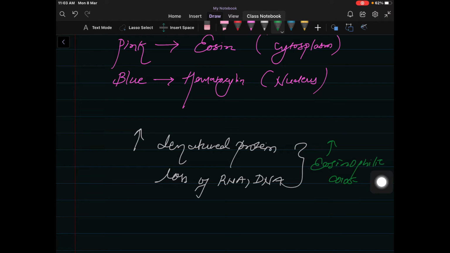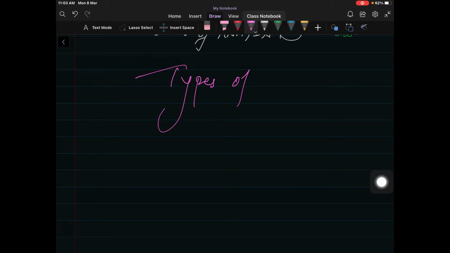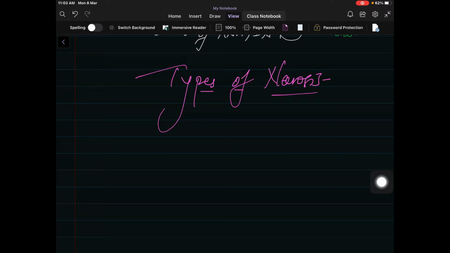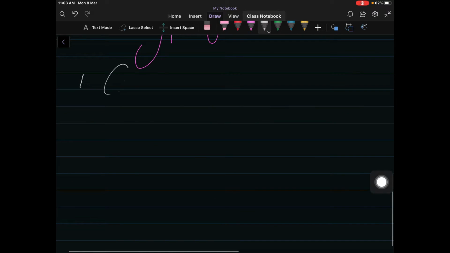So now let's move on to the types of necrosis. Generally, we are going to learn many types of necrosis. Let's start with the first one, that is coagulative necrosis.